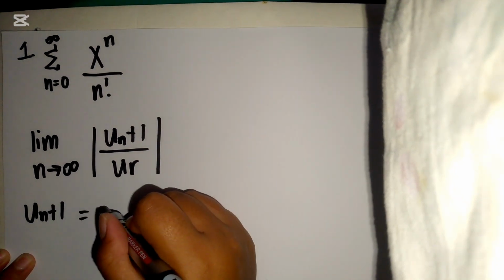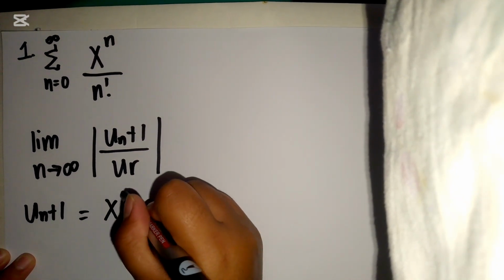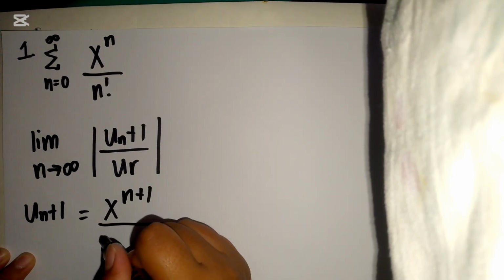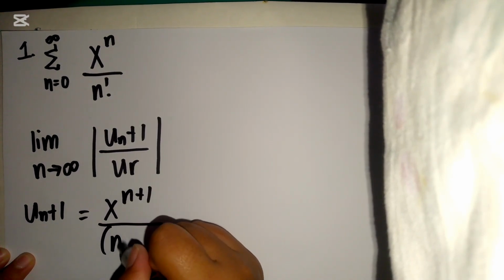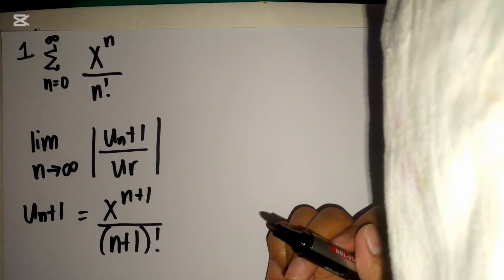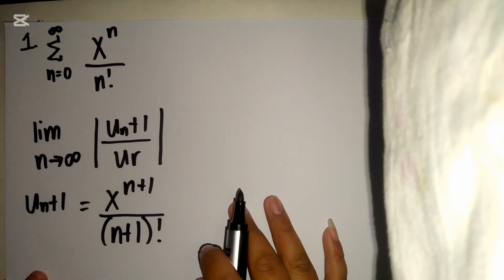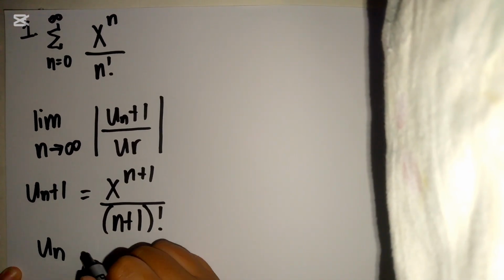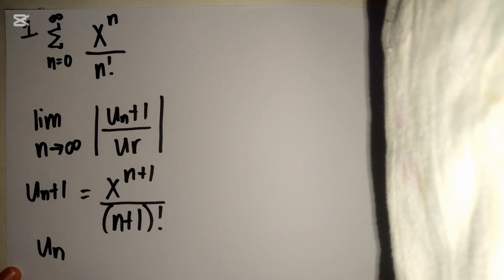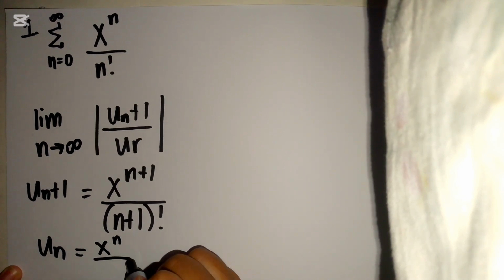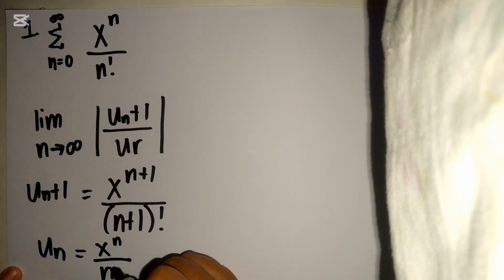So the u sub n plus 1 here is x raised to n plus 1 over n plus 1 factorial, and our u sub n is equal to the given, x raised to n over n factorial.